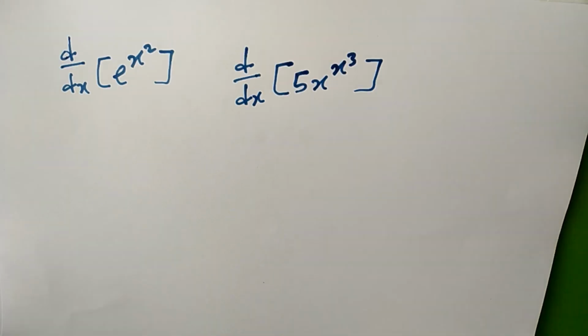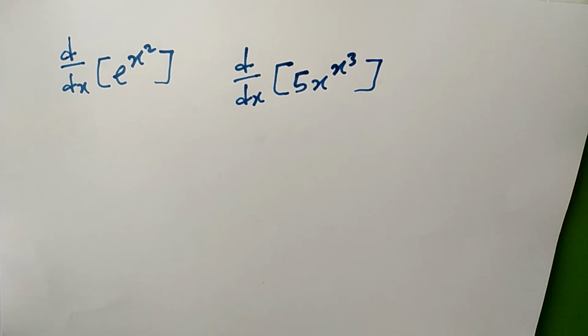Finally, we have 2 take-home assignments for you. How can you find the derivative of these 2 functions involving base e? First, let's start with the first one. We have e raised to power x squared. We keep it the same, then the derivative of x squared is 2x. So therefore, we have 2x e raised to power x squared.